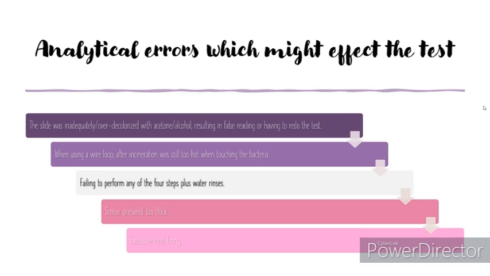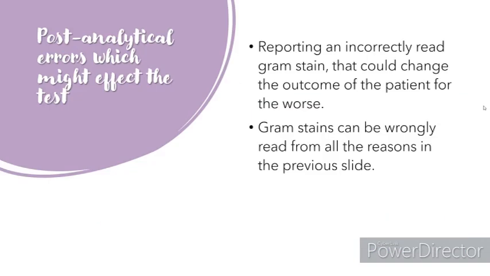You're probably going to have to redo the test. So, too thick of a smear is a bad thing. And excessive heat fixing, that can also almost like the wire loop analytical error, where you would essentially burn the bacteria to the point where it can't actually be properly stained as well.